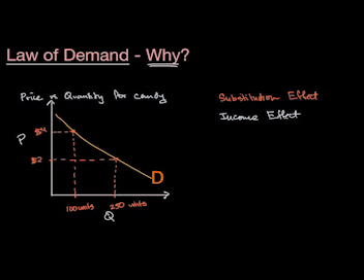Now, the last dimension that economists will often talk about for why the law of demand is downward sloping like this, and we talk about this in other videos, is this idea of decreasing marginal utility. And that's that idea that first, if you're just that first amount of candy, there's going to be people in the market who take a lot of value from it.